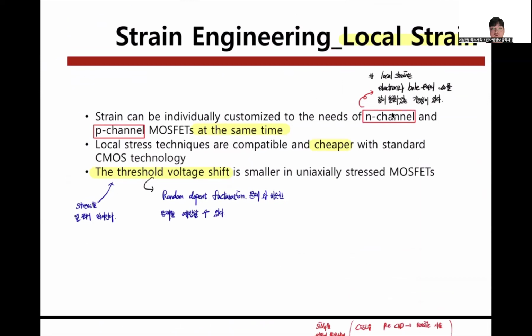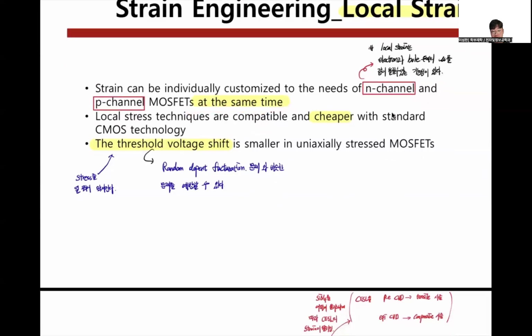So we can control part by part, like source or drain, and we can control N-channel and P-channel MOSFETs at the same time. This is a very large advantage. It is also much cheaper than global strain, and the threshold voltage shift is smaller because we can control local to local.